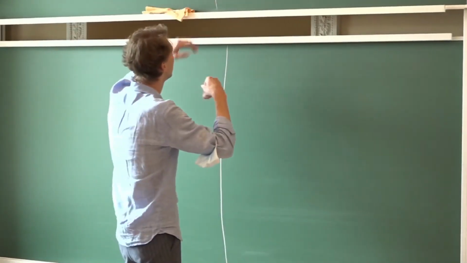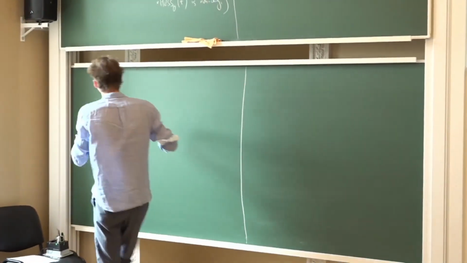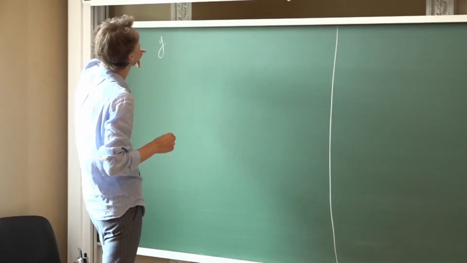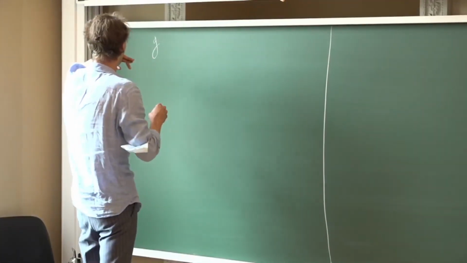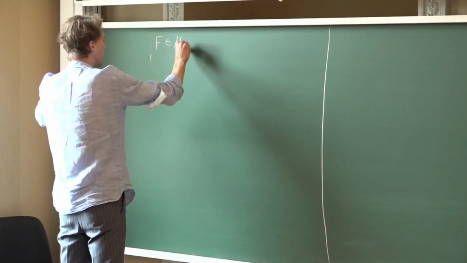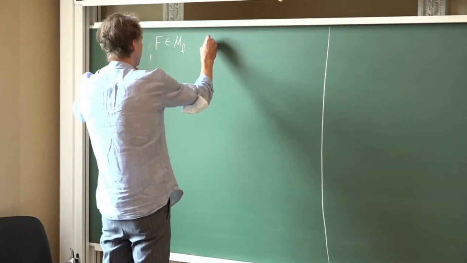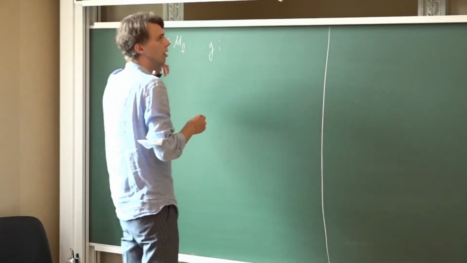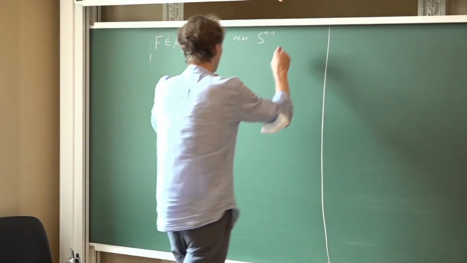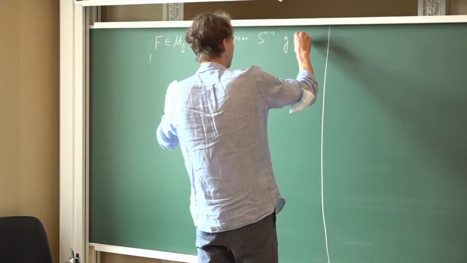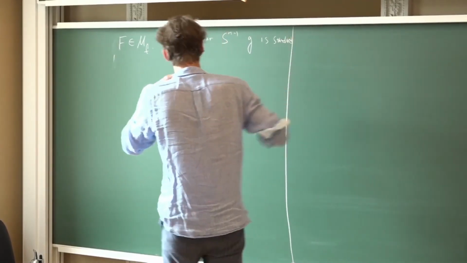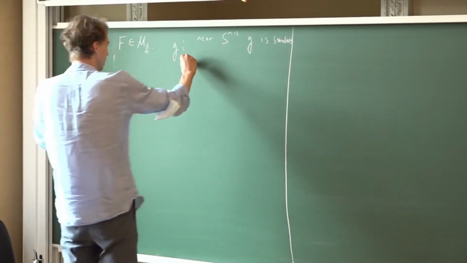First, let us pick a metric, a Riemannian metric in the unit ball, such that near the boundary our metric is standard, the standard Riemannian metric in R^n.